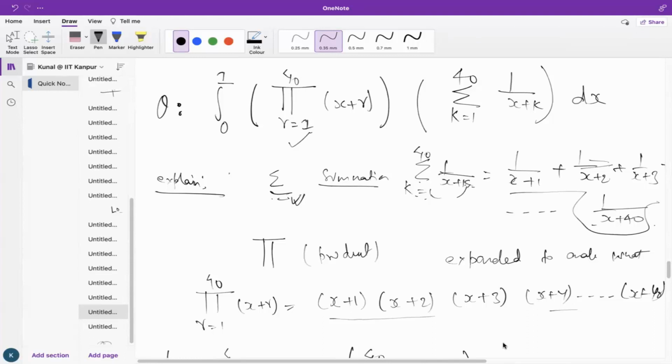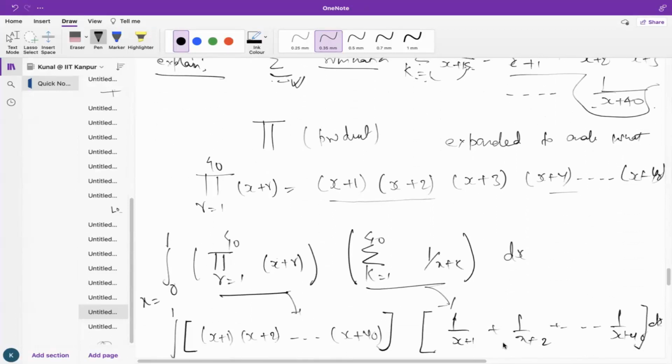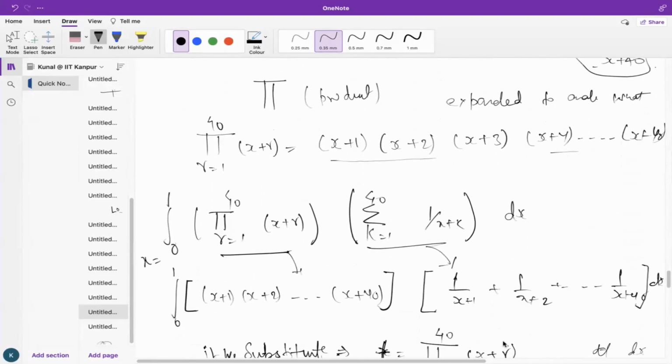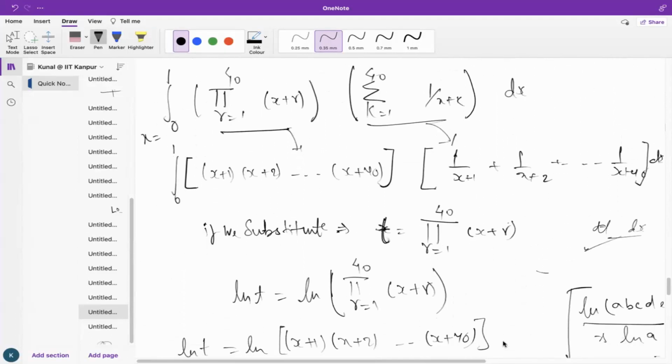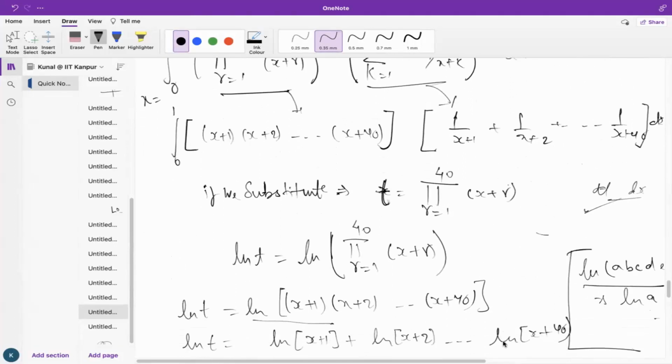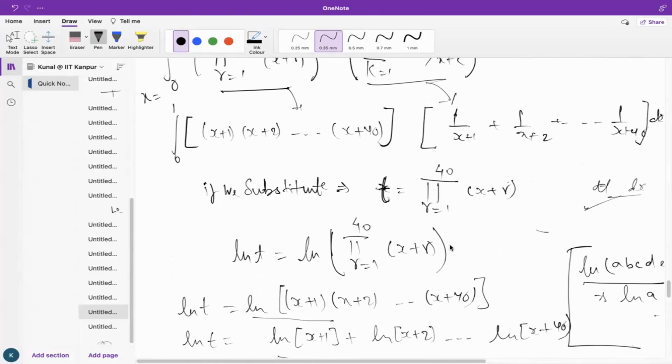So first we know that this whole term is written like this and this whole term is written like this, and then we take the log because we cannot directly differentiate this whole function. Then I substitute t equal to pi r, r from 1 to 40, x plus r.